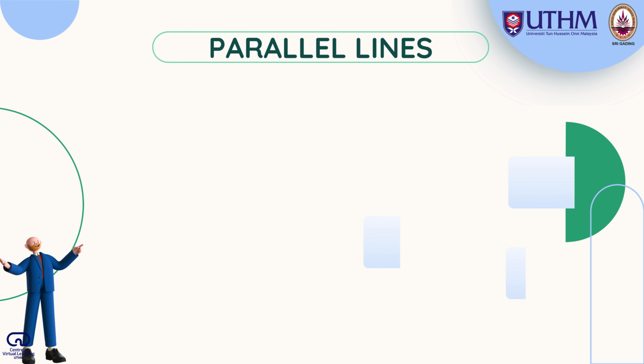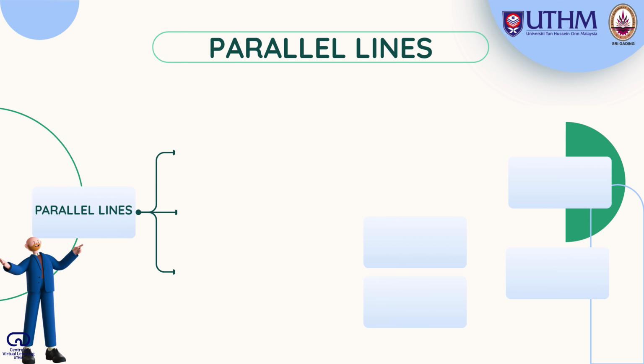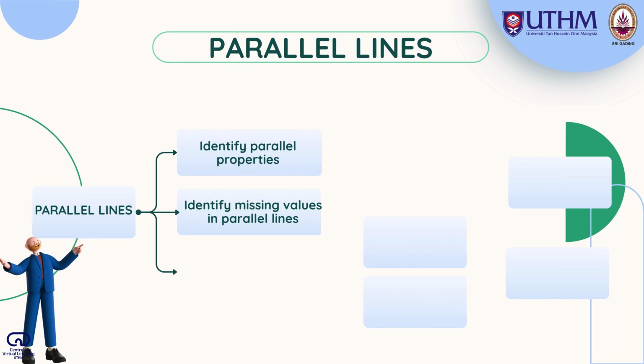Now, let's explore how this subtopic is divided. The parallel lines subtopic is split into 3 main parts. First, identifying parallel line properties. Second, finding unknowns in parallel line equations. And third, developing equations for parallel lines. To identify parallel properties, remember this.